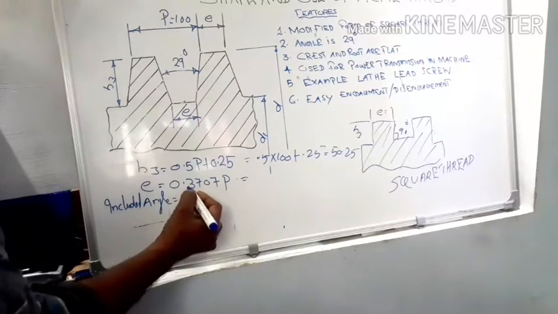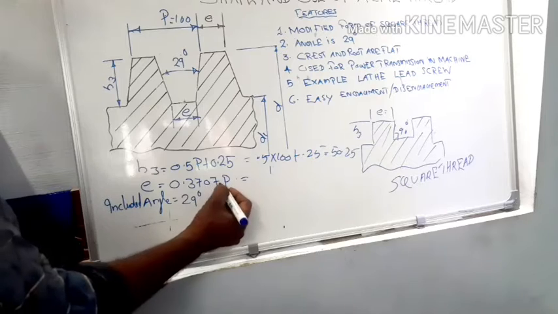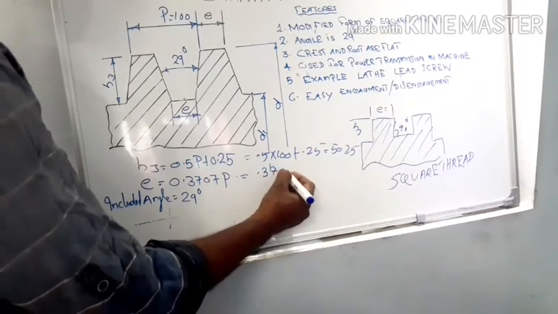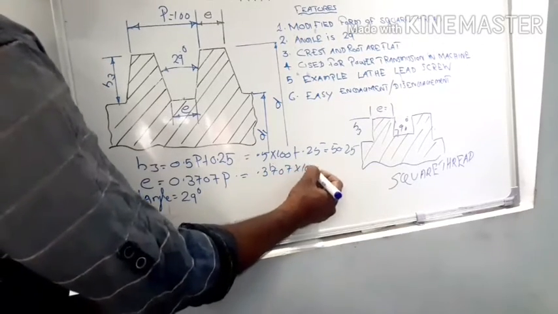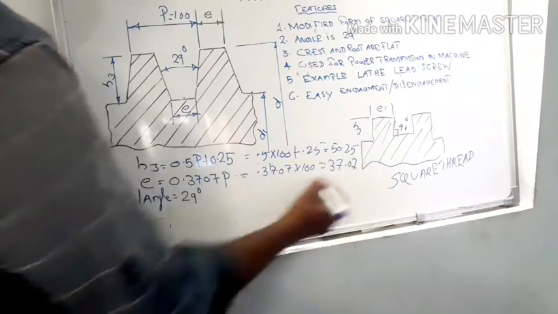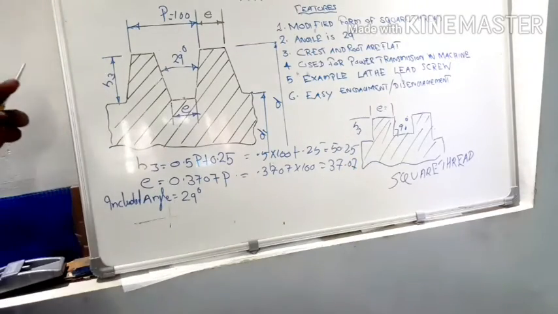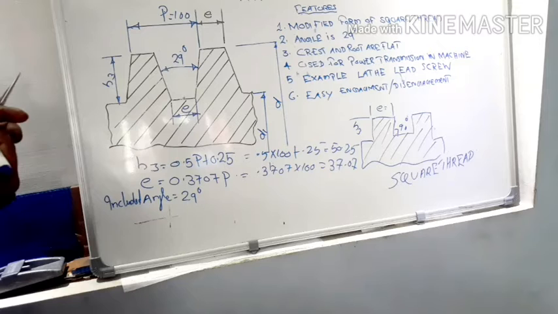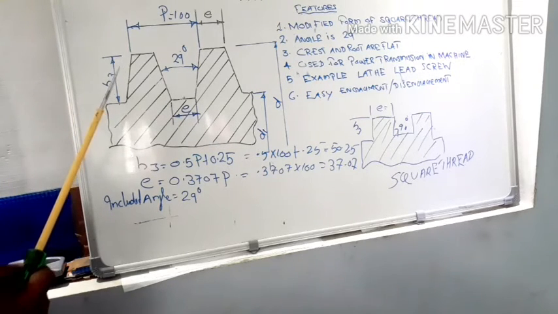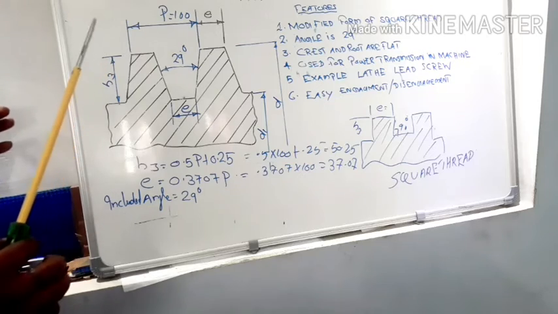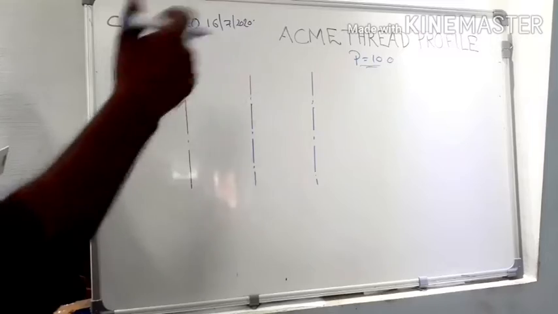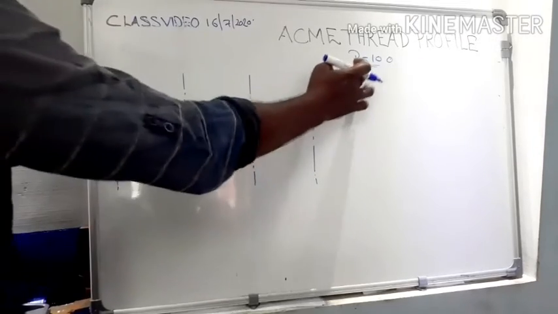E value is 0.3707 into pitch, that is 0.3707 into 100, which means 37.07. These are the parameters when we are drawing its thread profile. Is it clear? Now next, how to draw the Acme thread profile using these parameters.